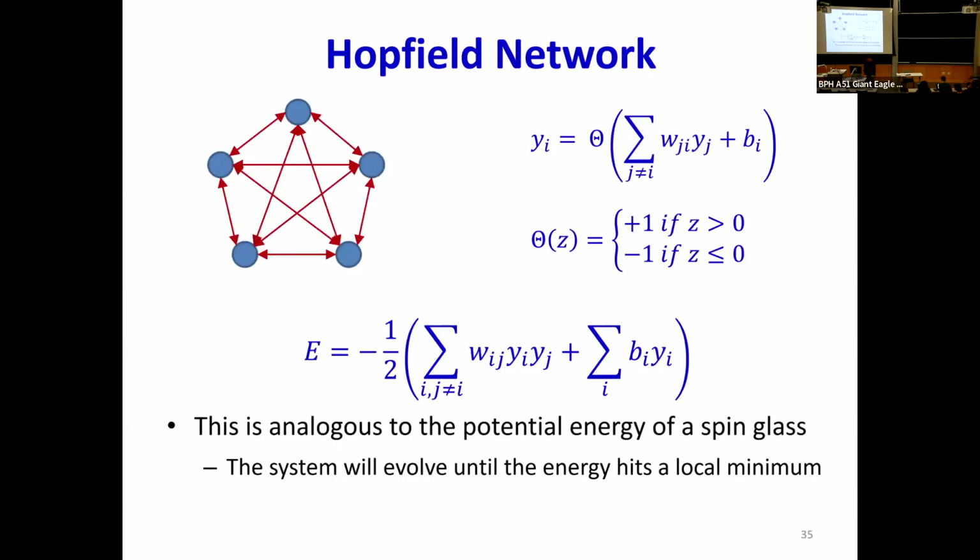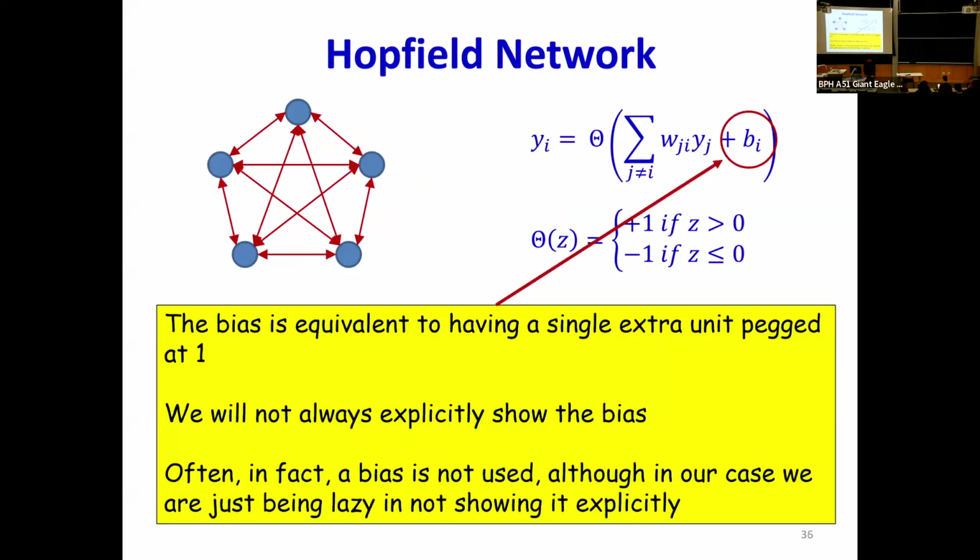And so a Hopfield network is basically a computational analog of an Ising model. And the energy of the Hopfield network is basically a perfect analog of the energy of this Ising model. The bias over here is the equivalent of the external field that may be imposed on the material, and it's like having an extra unit pegged to one.